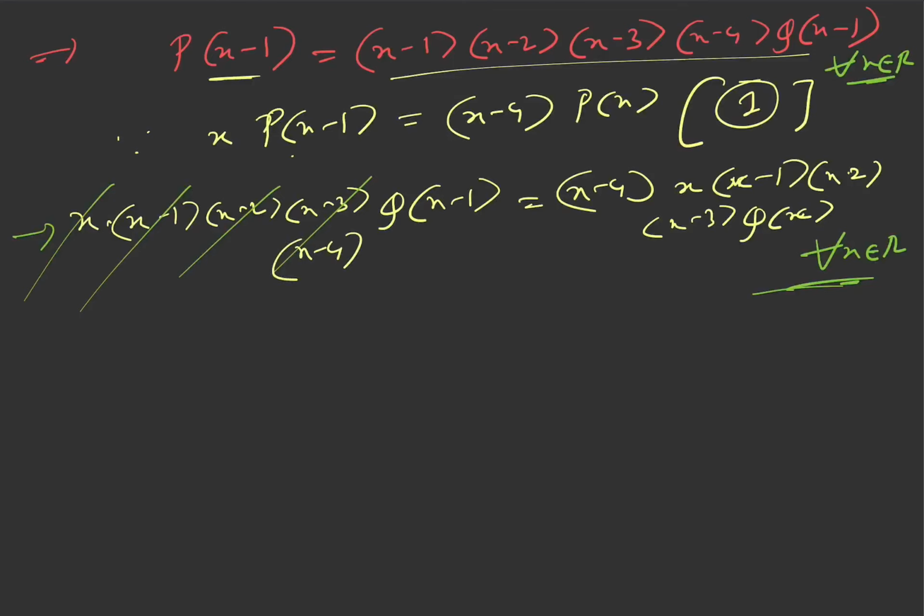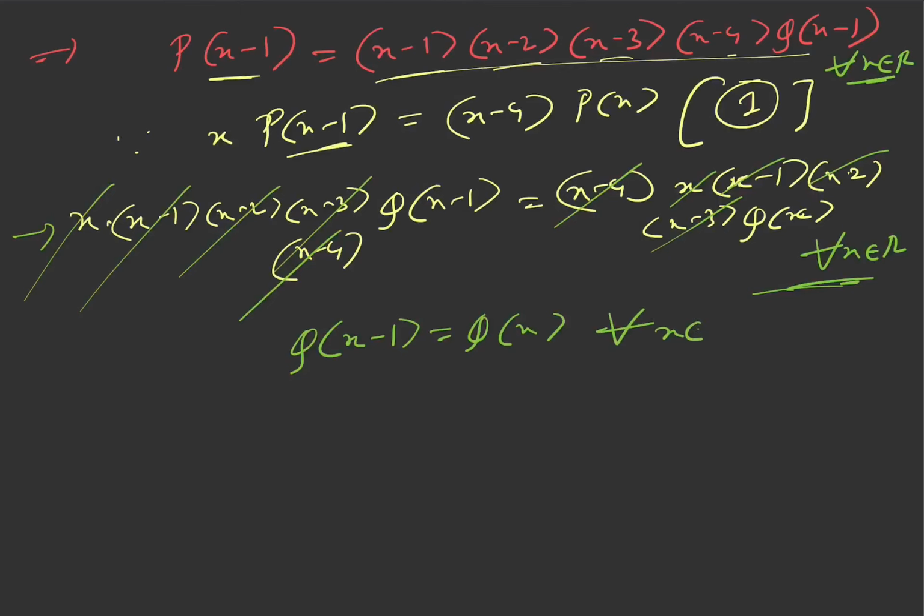I think we have missed x minus 4 also, right? p of x minus 1 is x minus 1, x minus 2, x minus 3 and x minus 4. So this x minus 4 gets cancelled. All these get cancelled, and you are left with q of x minus 1 is equal to q of x for all x belongs to R.